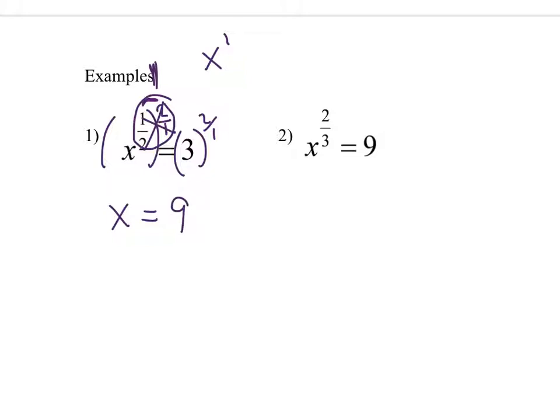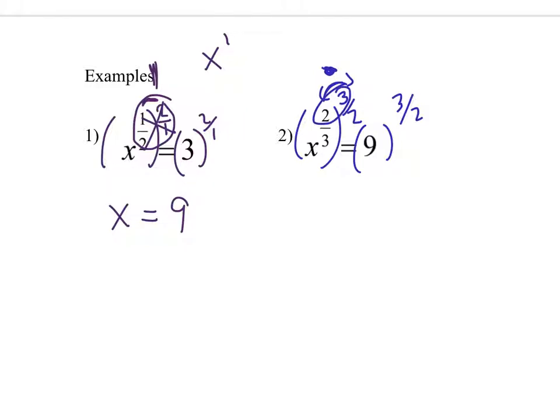Okay, pretty exciting. So we get into interesting ones like this, so x to the 2/3 power. But the idea is the same. If I raise it to the 3 over 2 power, it's power to a power, we multiply. That's my symbol for multiplication. Raise it to the 3 over 2. These two cancel out.